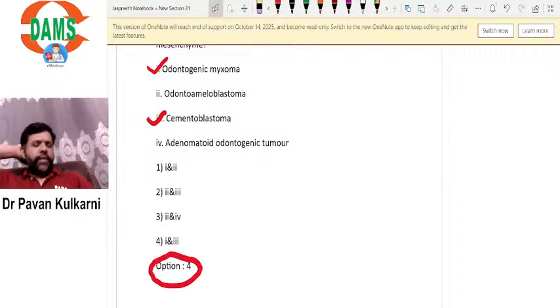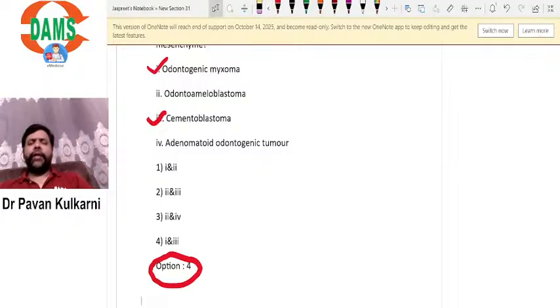Why? Because odontoameloblastoma and AOT are not this one. AOT is typically epithelial. But odontoameloblastoma, this concept is now obsolete. Many times they say there is no such tumor at all. So it is a controversial tumor, not a tumor as such; it is basically a hamartoma. It is not exclusively mesenchymal, because the word ameloblastoma is coming.